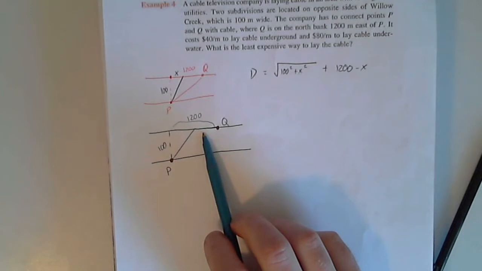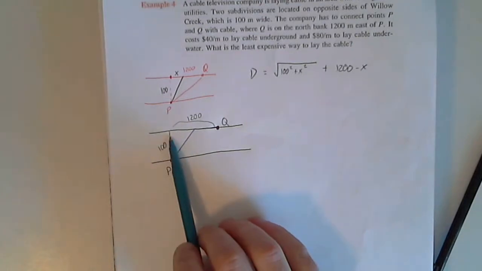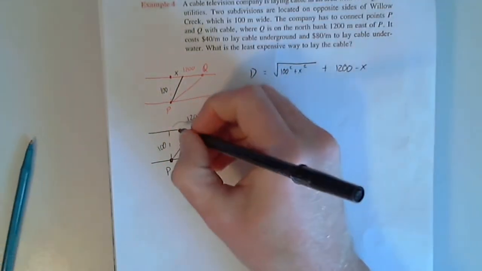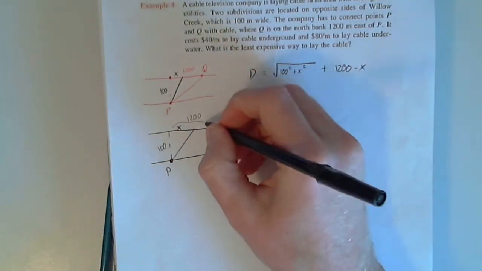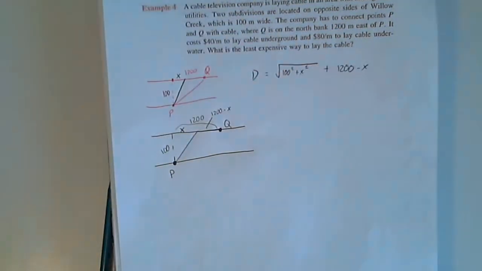One thing that you did on your test, it wasn't wrong, but it made everything a bit more difficult. Always call x the part in the Pythagorean relationship, and that'll make your equations a little bit simpler. So I'm going to call this distance x, and I'm going to call this distance 1,200 minus x.